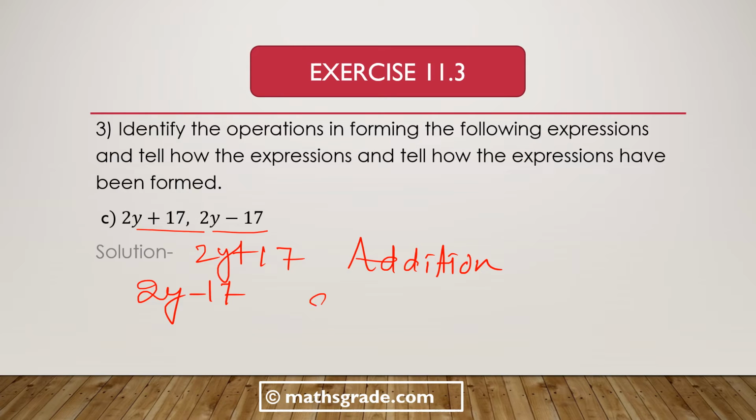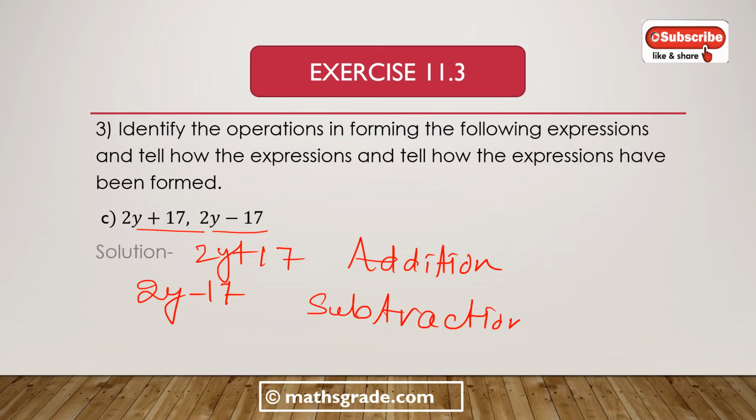Here subtraction operation is performed, subtracting 17 from the variable 2y. Subtraction. And 2y, 2 multiplied with y, that is multiplication. We have to multiply the variable y with 2, then subtract 17 from the variable 2y.